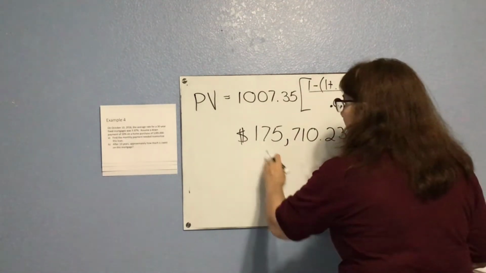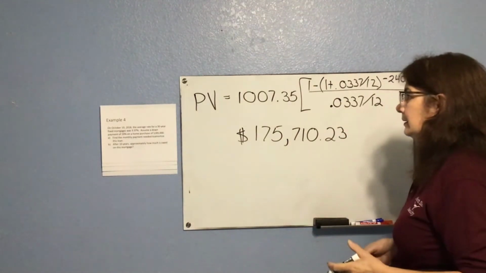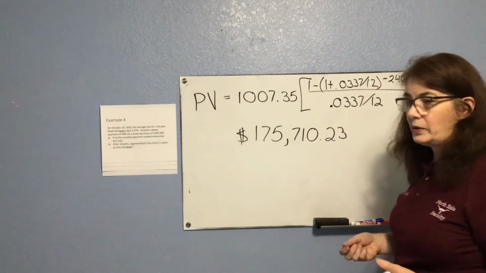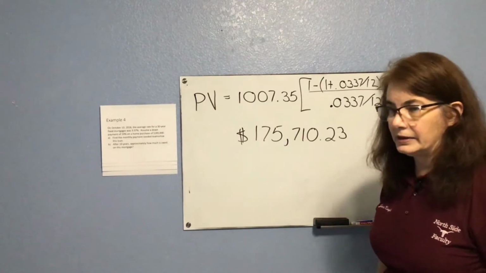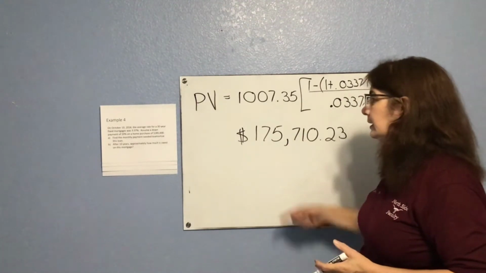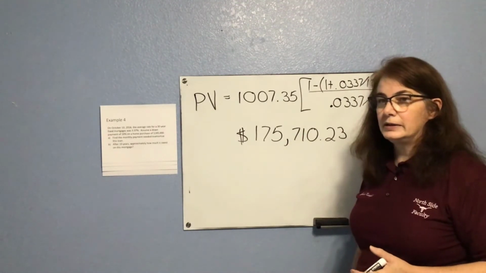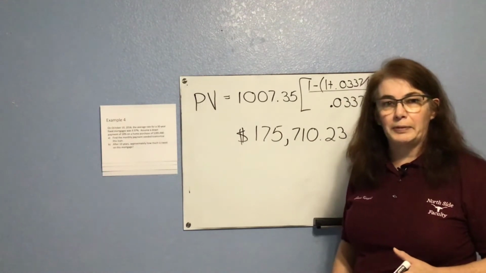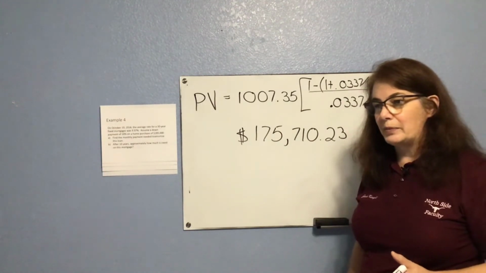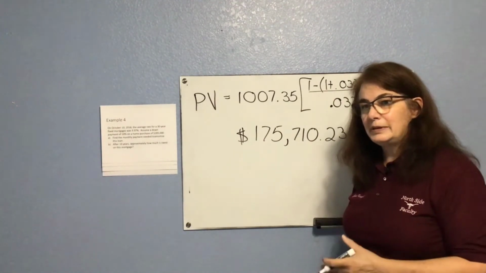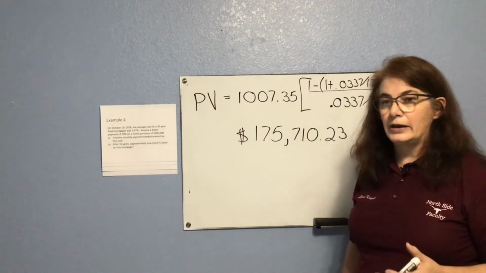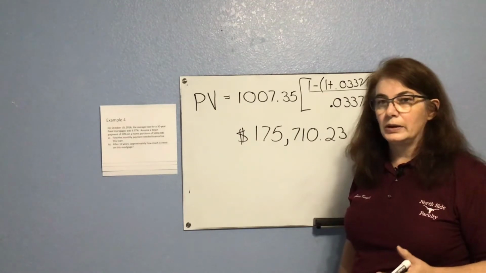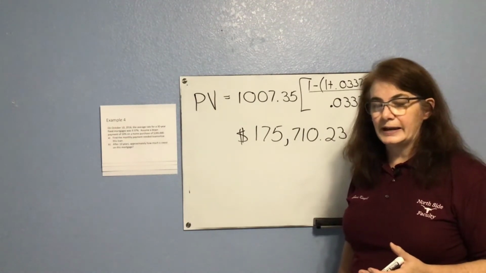So this is the remaining balance, which when we started with $228,000, we've only paid off a little more than $50,000 in the first 10 years. Okay, this shocks a lot of people when they get involved with a mortgage, that at the beginning of the mortgage, you're mostly paying interest and you're not paying off your loan to a real significant extent.